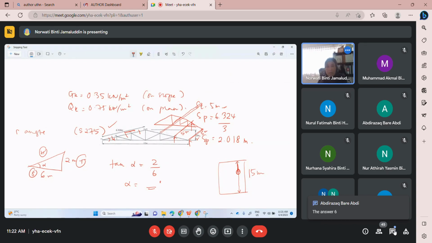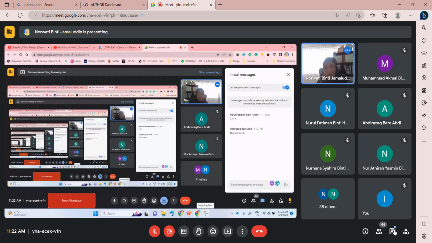How come it can be 6? 6 degrees? Oh, this is a simple calculation. How come you do not know? Tangent alpha is equal to 2 divided by 6. What is alpha? Do you have your calculator with you? It's not 6.